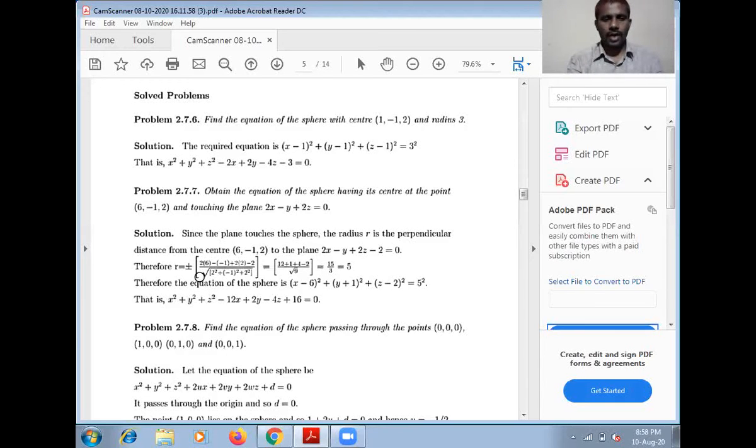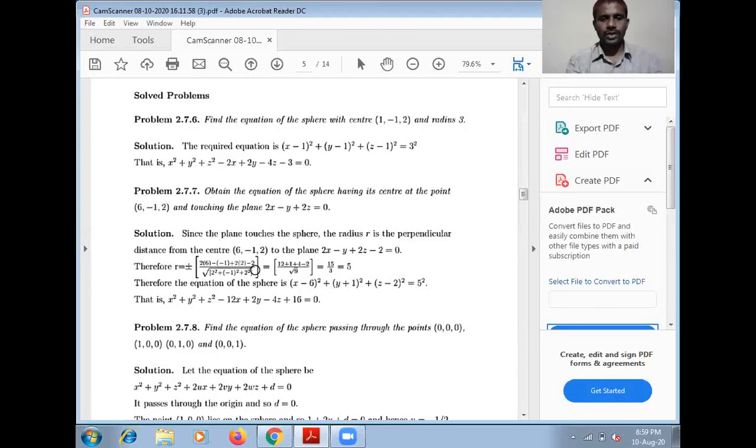So now I am substituting here. 2 is the coefficient of x in the plane. So 2, minus 1, 2 are the direction ratios of the plane equation. So 2 into 6 minus of minus 1 into minus 1 plus 2 into 2 minus 2.